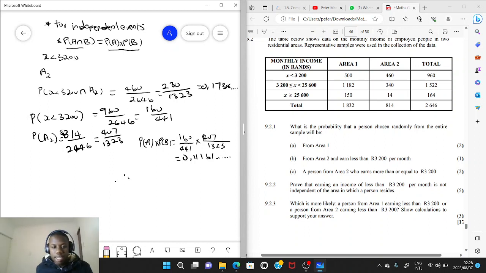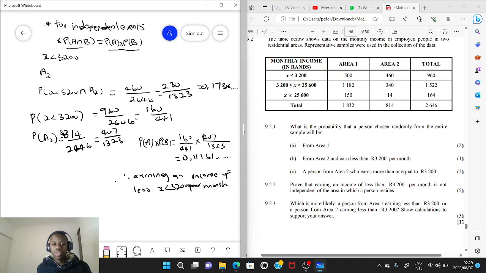Therefore we know that an income of less than 3.2 per month is not independent, because if these two values were equal to each other, we would say an income of less than 3.2 is independent.